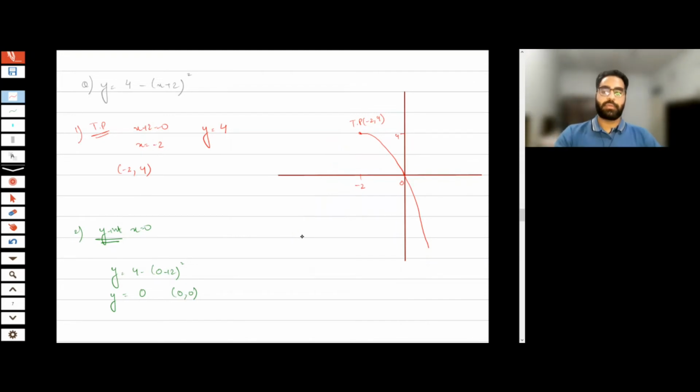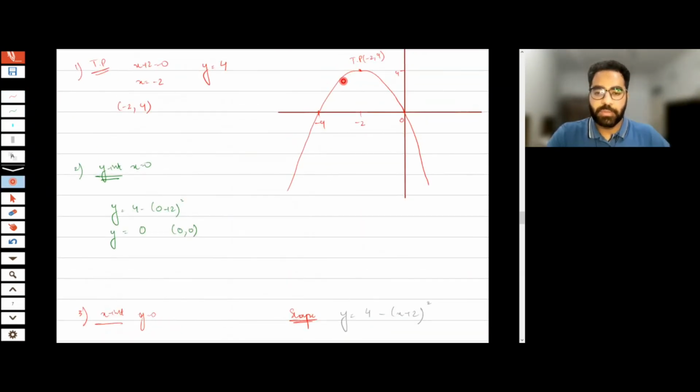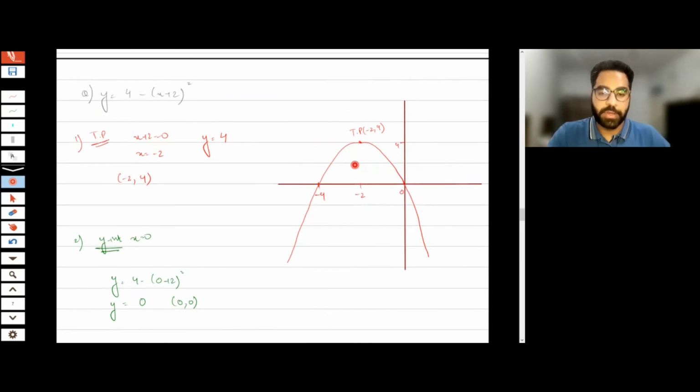It's not a proper shape, but that's fair. Once I'm done with my graph, I can now mention my x-intercepts because that just makes it easier. So this is 0, this is minus 2, and this would be minus 4. So my x-intercepts are minus 4 and 0, and I have mentioned them over here once I have completed my graph.